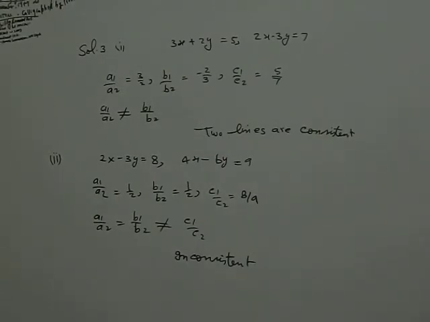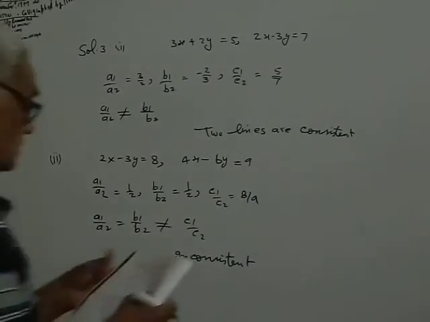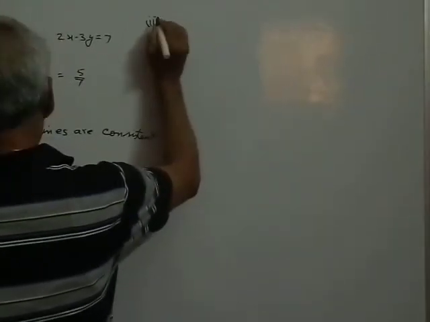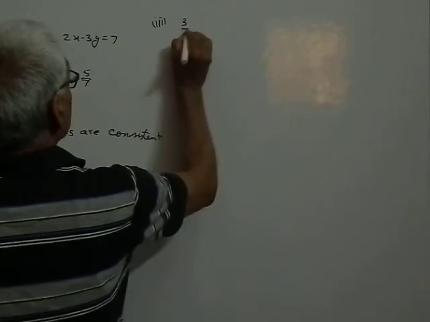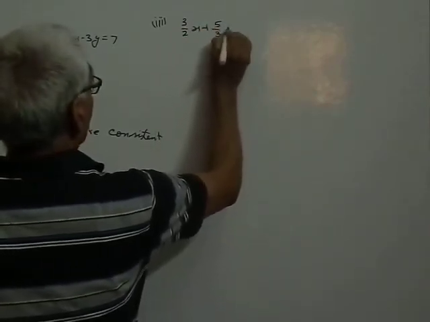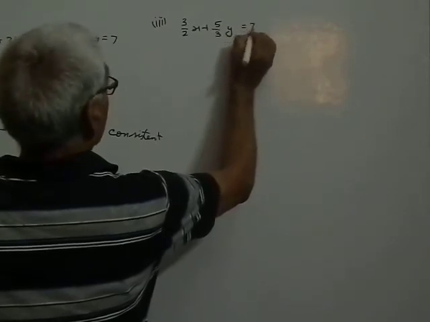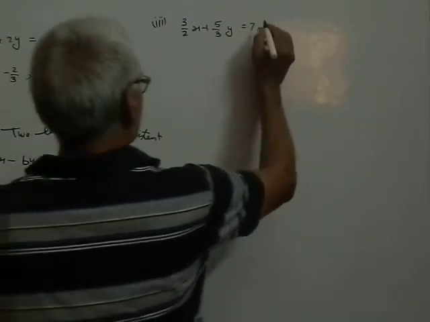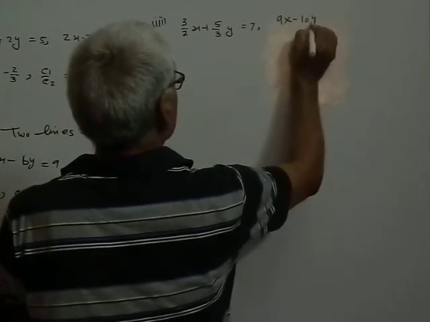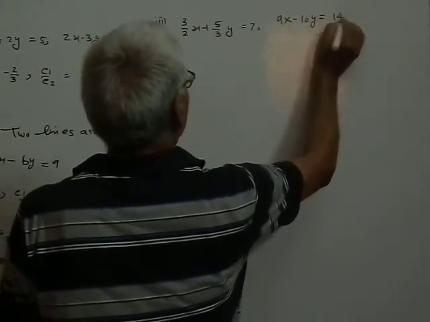Now, the third part of question. Third part. 3 by 2 x plus 5 by 3 y is equal to 7, and the second equation is 9x minus 10y is equal to 14.